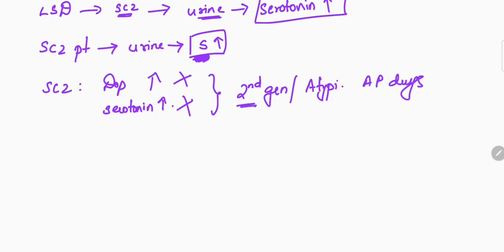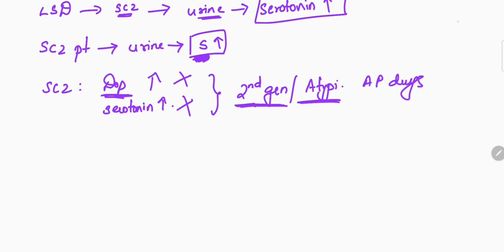Because the first generation drugs like haloperidol blocked only dopamine. But later on we found that even serotonin is increased in schizophrenia, so we came up with drugs which decrease both the dopamine levels and serotonin levels.